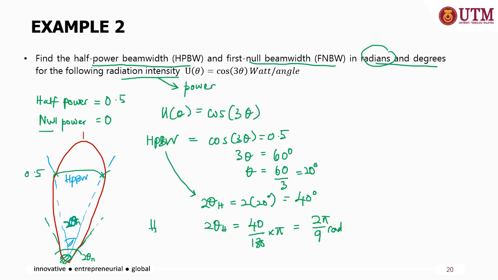So your HPBW equals this. Next you need to get the FNBW, the first null beamwidth, again in radians and degrees, with the same steps, but the power is now equal to 0.